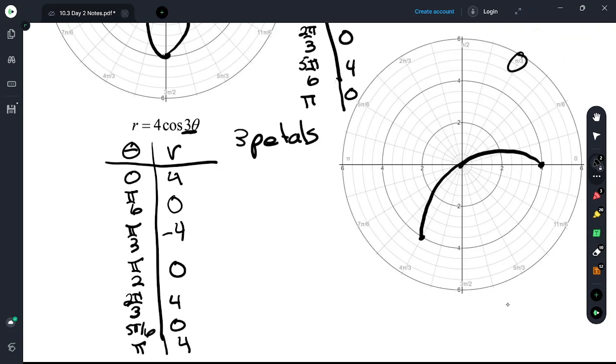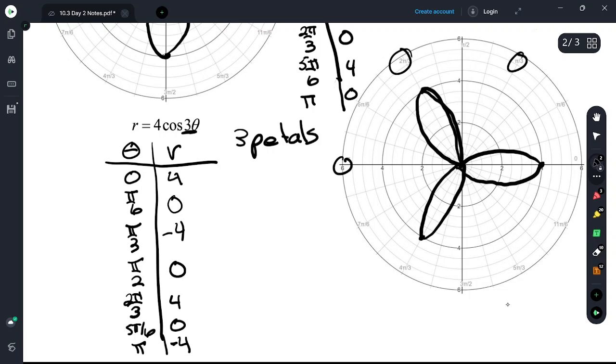Pi over 2 is 0. 2 pi over 3 up here is 4. That's probably a little more curved than that. Something like that. 5 pi over 6 is back to 0. And then pi would be negative 4, so pi back to negative 4, and that puts us right at the beginning.